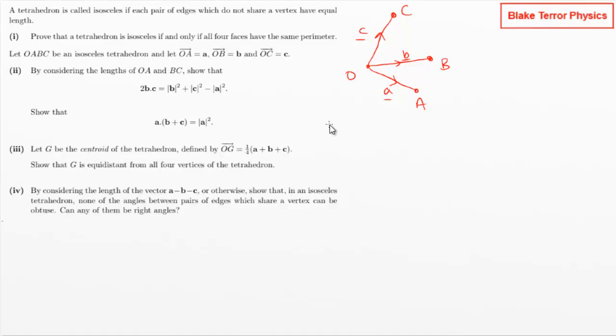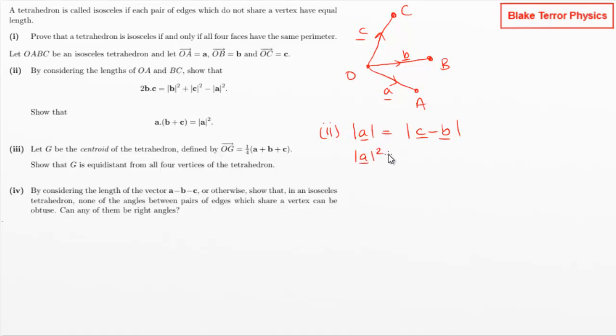By considering the lengths of OA and BC, show that. Right, so let's do what they are telling us to do then. So we'd have that the length of a is going to be equal to the length of BC, so that is going to be c minus b. Okay, so the length of c minus b. And we need to show all of this. Clearly we're squaring loads of stuff.